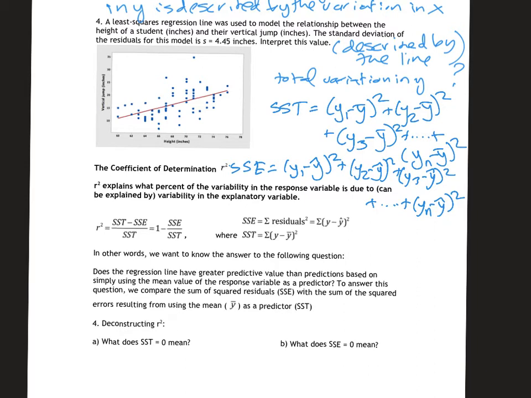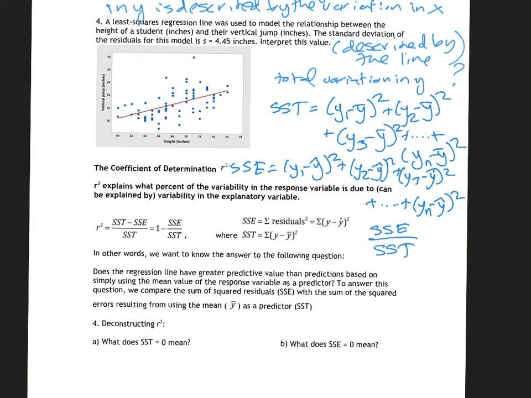One thing that might be helpful is thinking about how much of the variation in y, so how y is changing, is not described by the line. To figure that out, we would ask, what is this SSE compared to SST?